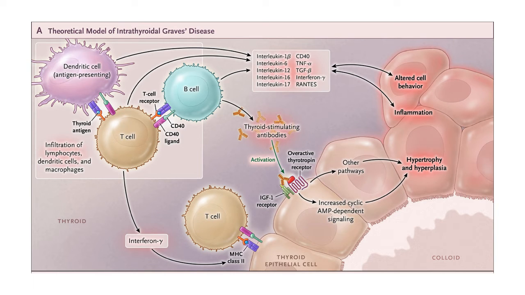So the abnormal antibodies that are secreted by the B cell are the thyroid stimulating antibodies, the orange Ys. Okay, so these antibodies will then bind to the thyrotropin receptor on the follicular cell.